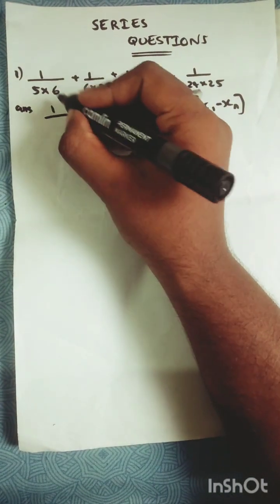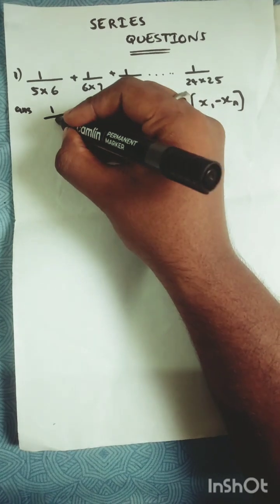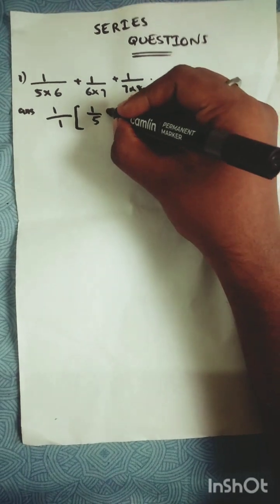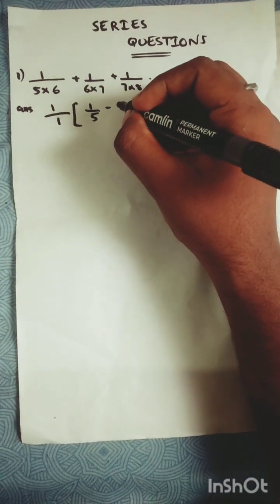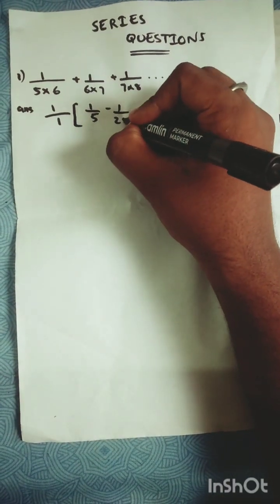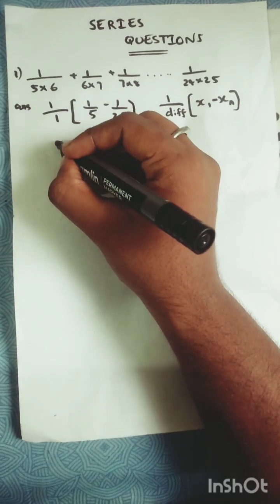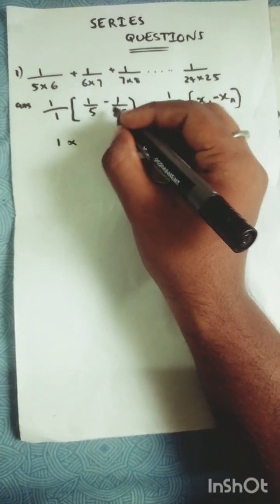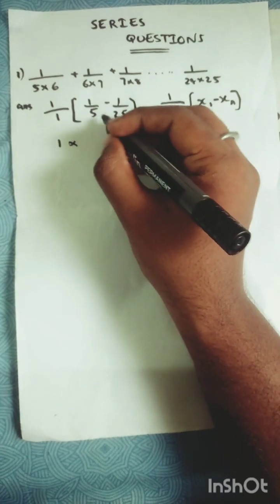Applying this formula here, it would be 1 by the difference between 5 and 6, which is 1, into x1 minus xn. x1 would be 1 by 5, minus xn, 1 by 25. How can we solve this easily?